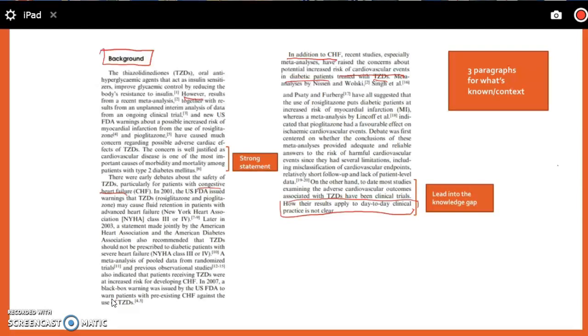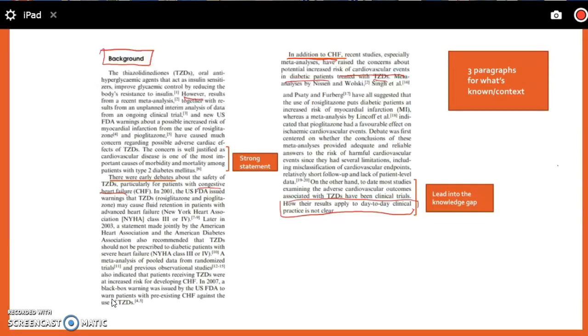And then the last paragraph in this intro really goes into, you'll see this in a moment, how the study addresses it. Two more things I want to point out here. So here, there were early debates about the safety of TZDs, and then also this underline in the other paragraph, in addition to CHF. So what I like, this paragraph really focuses on safety of TZDs for patients with congestive heart failure.